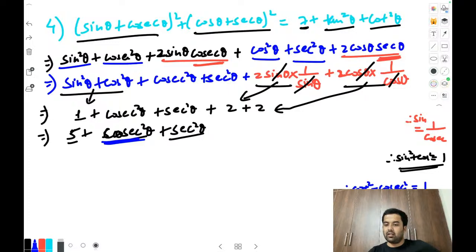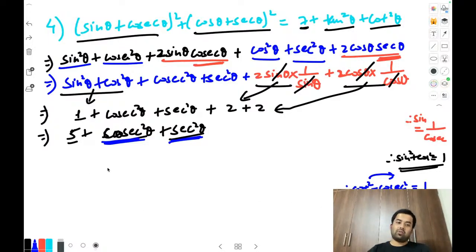We can keep this, right? Just shift that cot to that side. And in the same way, we need the sec value now. Shifting tan to that side, it becomes 1 plus tan square.